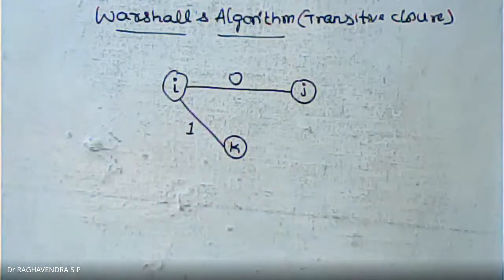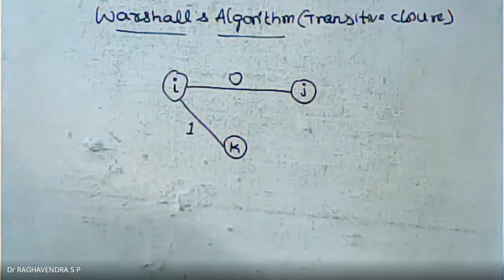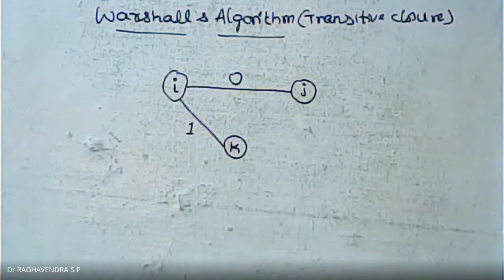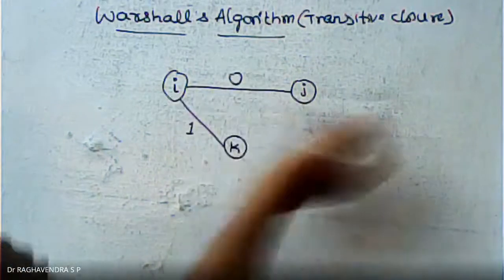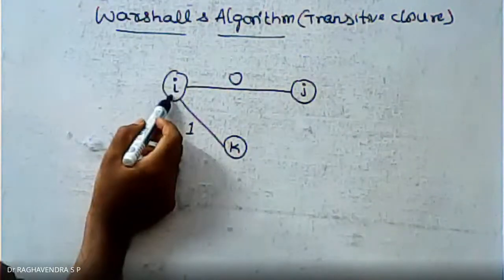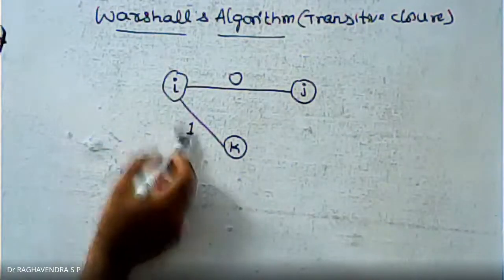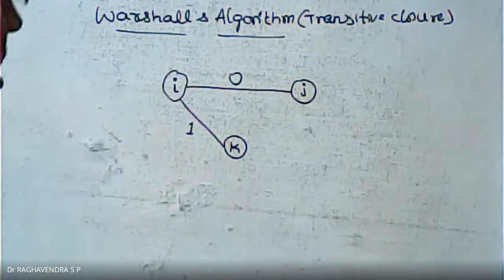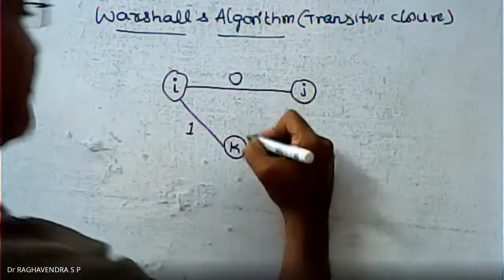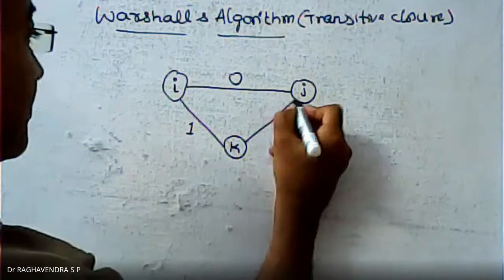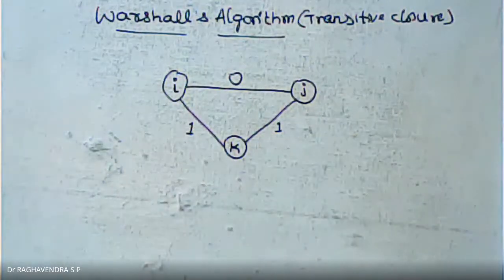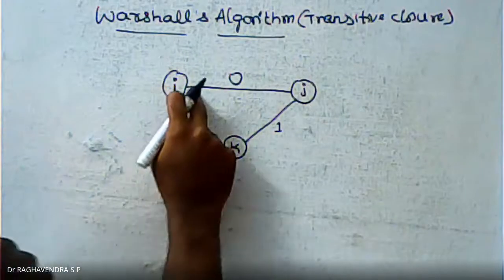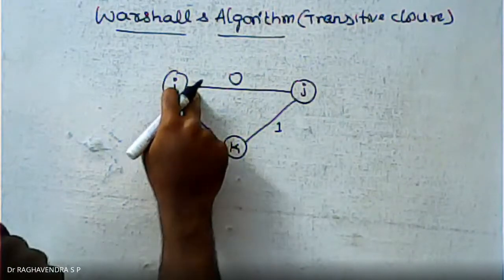In the adjacency matrix, if the value is 0 there is no edge, but if the value is 1 there is an edge from I to K, and if there is an edge from K to J, the value also becomes 1. Then we can declare that there exists a path from I to J also.